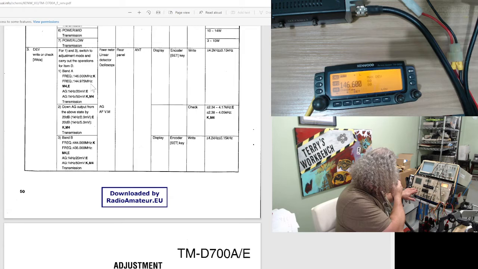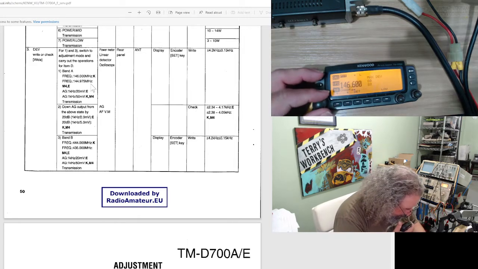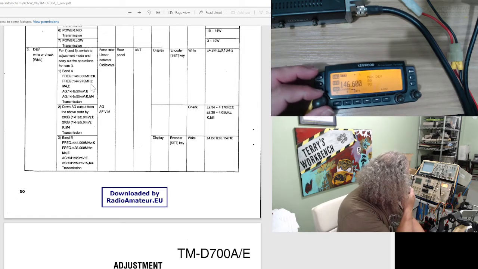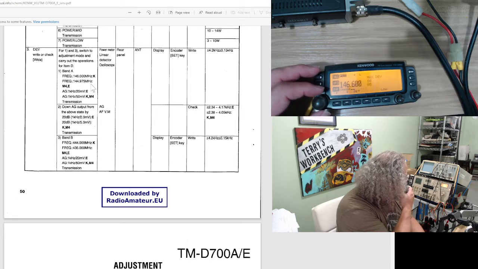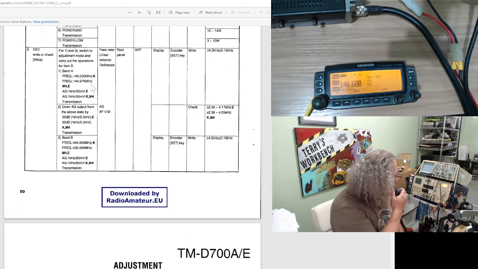All right. 1, 2, 3, 4, 5. I'm screaming into it. 5 kcs of deviation. Okay, there we go.